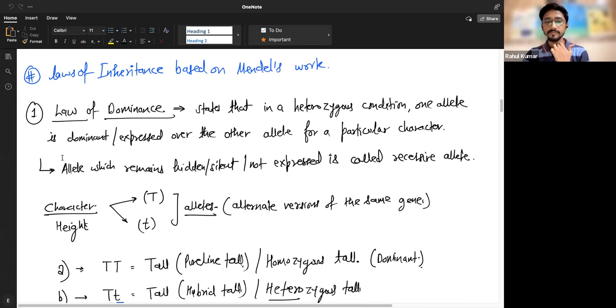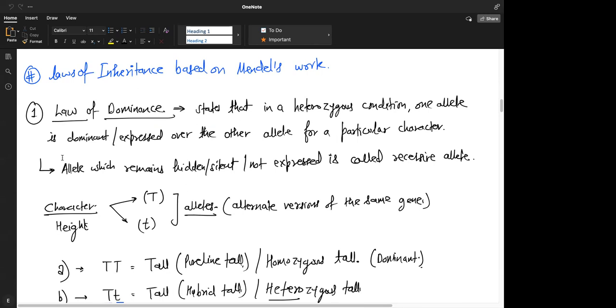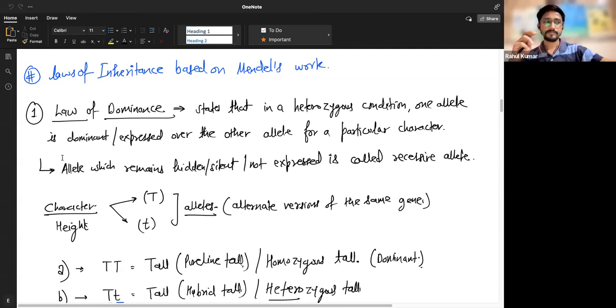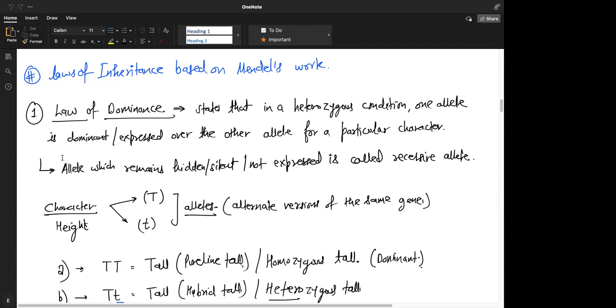In a heterozygous condition, one allele is dominant and expressed over the other allele for a particular character. The allele which remains hidden, or is not dominating or not expressed, is called the recessive allele.